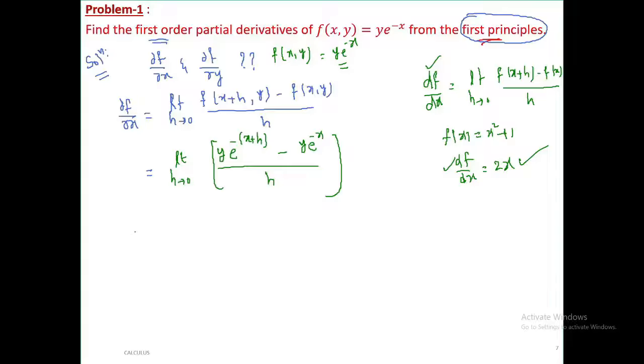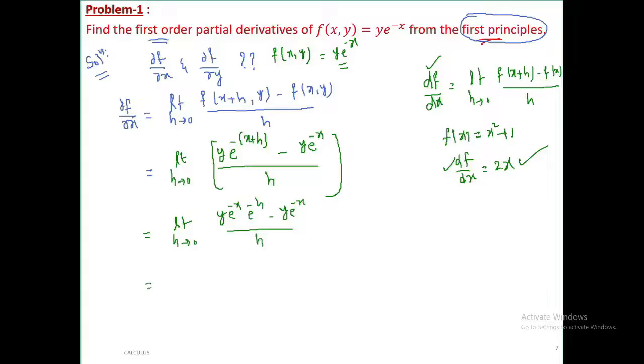So this is equal to, now let us simplify, limit h tends to 0: y into e power minus x into e power minus h, minus y into e power minus x, divided by h. Now we are doing the limit with respect to h.